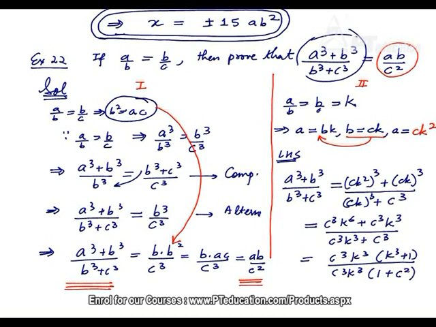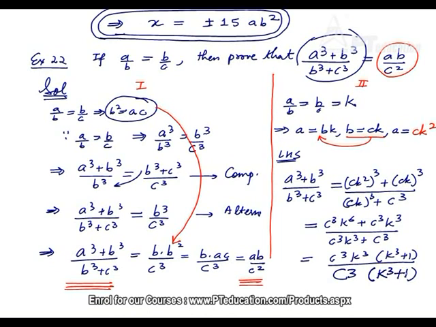Or rather, in the denominator here take c cube common. So let me change the denominator here, so we can then cancel it out easily. So the denominator now becomes c cube common, so I have k cube plus 1.